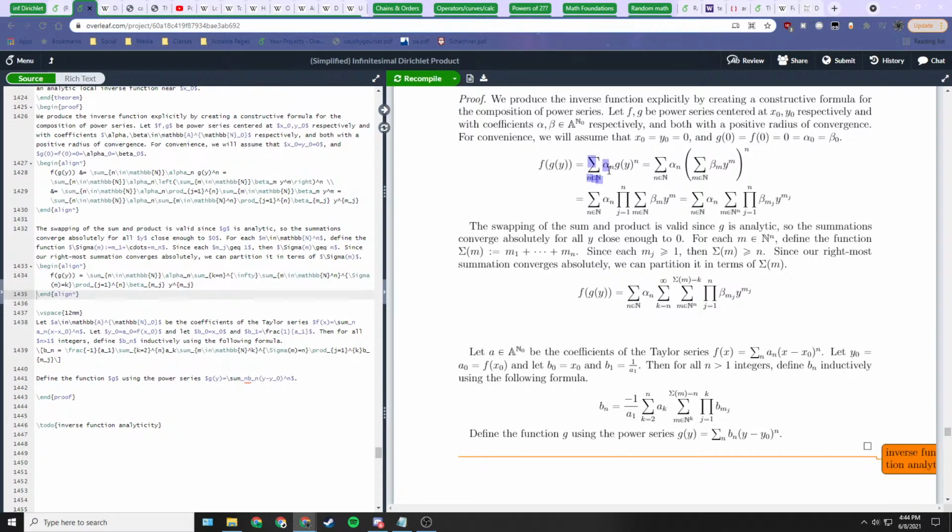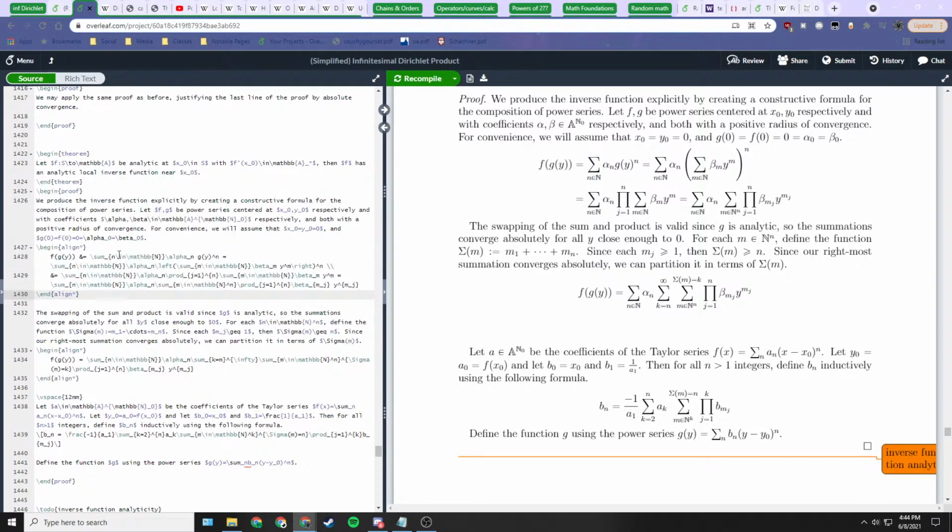And then the last thing we want to do is permute this sum of these alphas. Actually, let's change these alpha sums to n equals 1 to infinity, since this is going to end up being more useful.